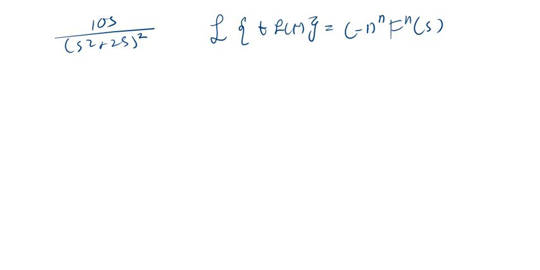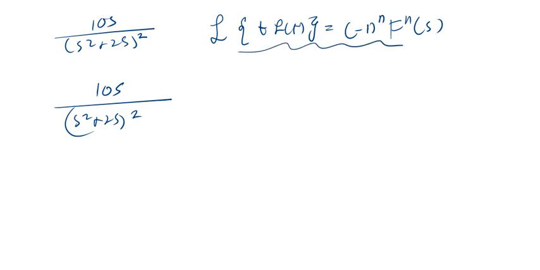Because what I would have here is 10s divided by s squared plus 25, multiplied by s squared plus 25, or just the way it is. This s on the inside has not been affected, so I feel it would be a little bit primitive for me to think maybe they applied the exponential scaling. So what I'm going to do is think of this in terms of that one there.